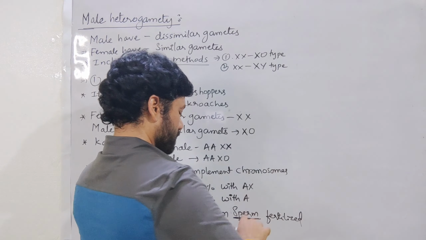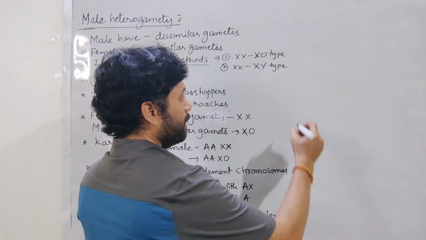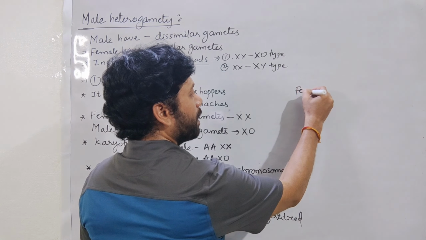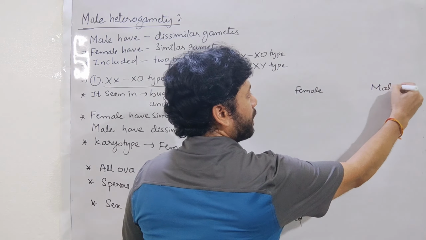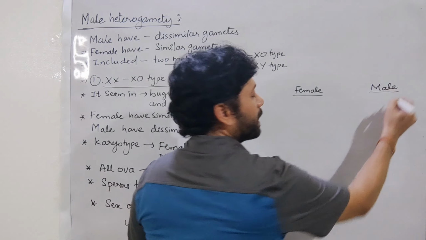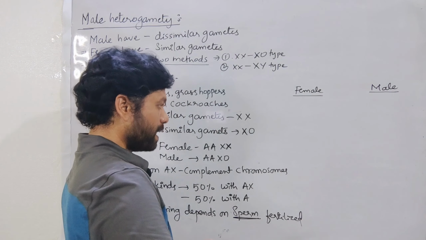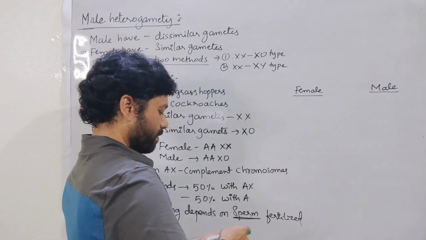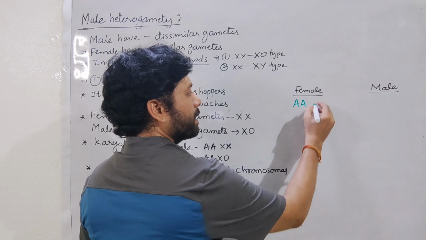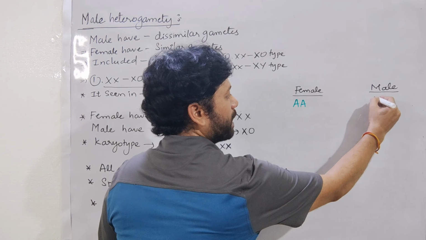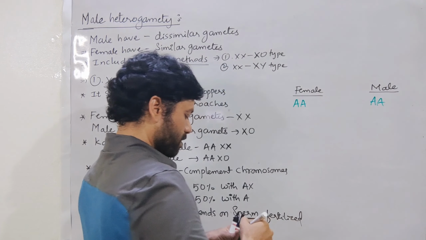Let's discuss the female and the male here. The female is AA, and the male is AA, the autosomes.